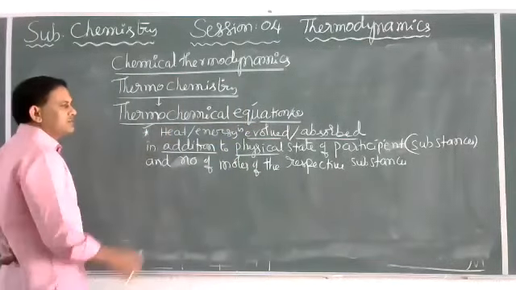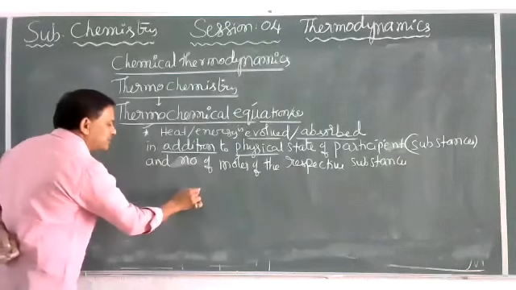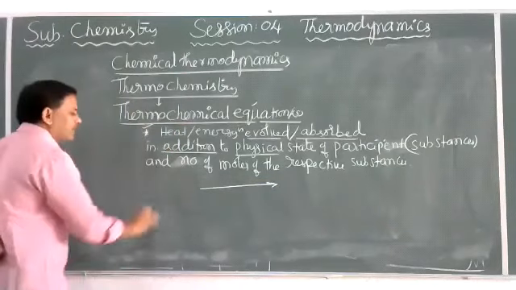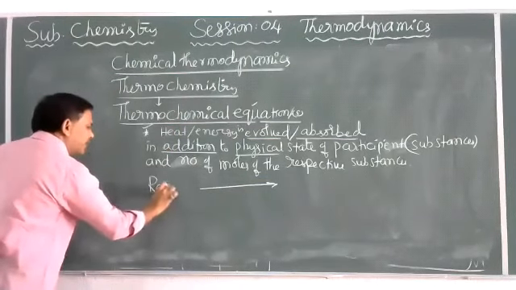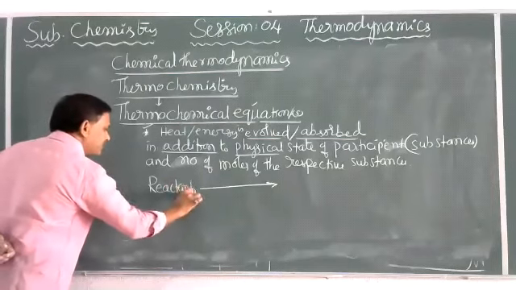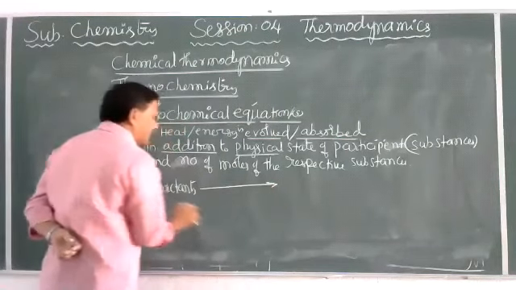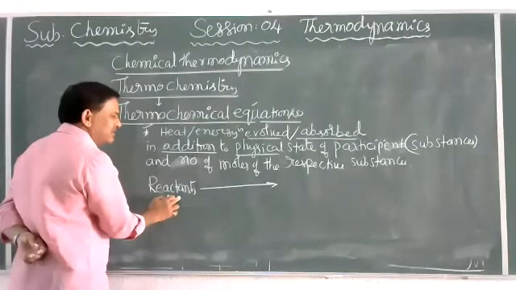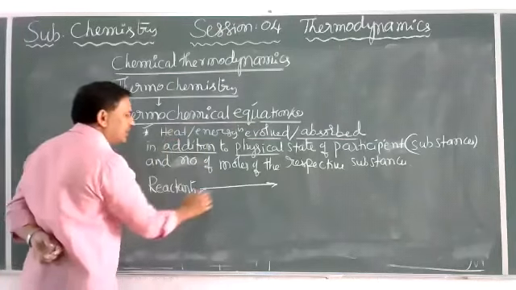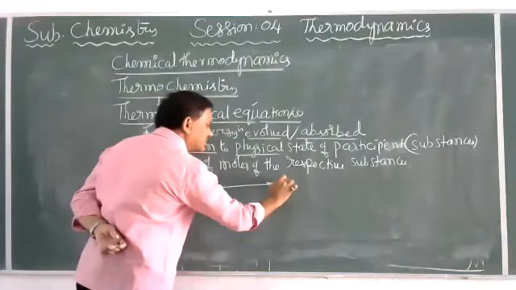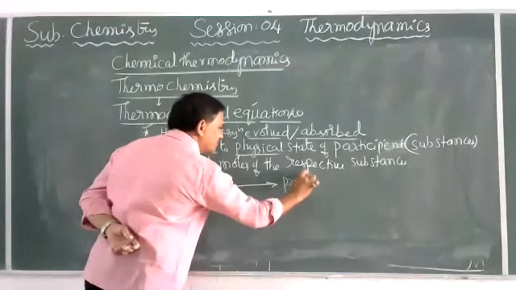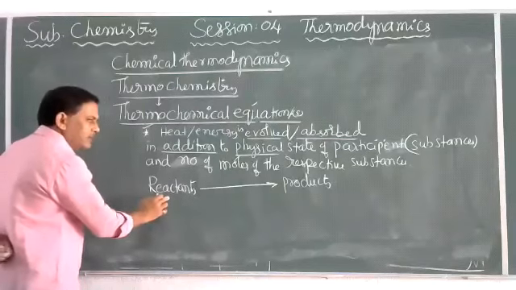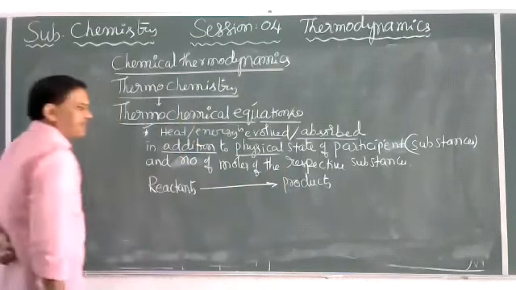substances. Generally, a chemical reaction is denoted by an arrow mark like this. These are the participants, called reactants. During a chemical process, there is a change in their heat or energy, giving new substances, which are called products. So the reactants are converted into products.